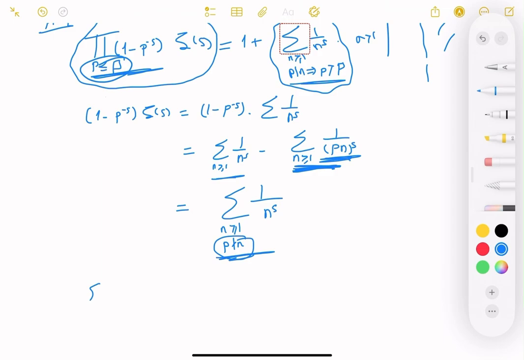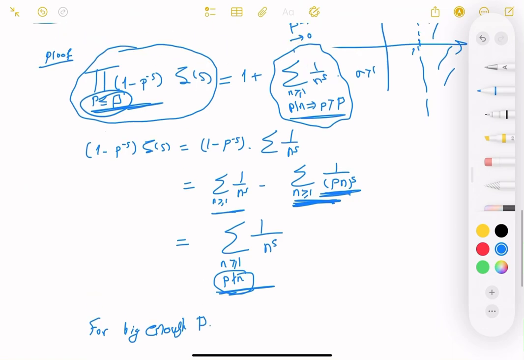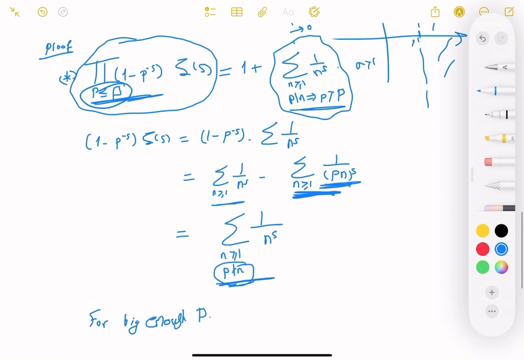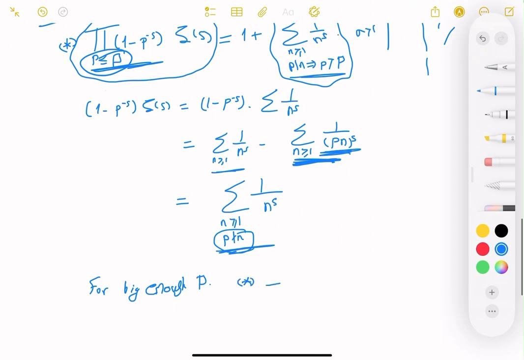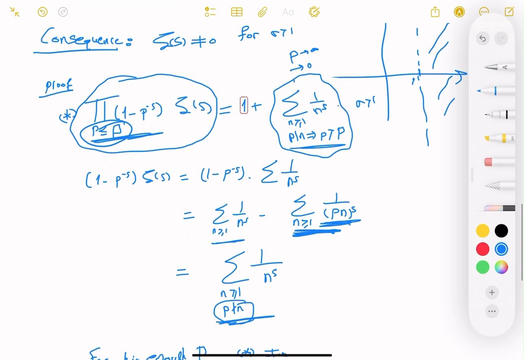So for big enough P, this star is not 0, but none of these factors is 0.